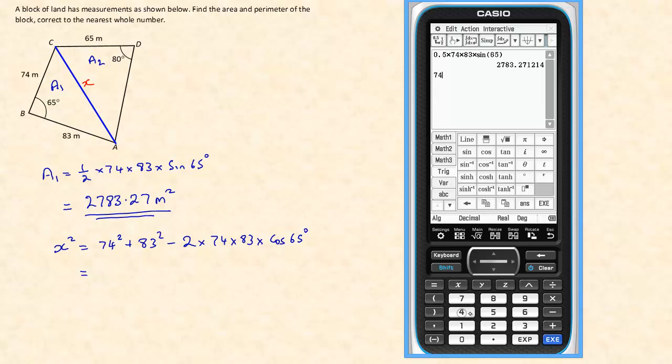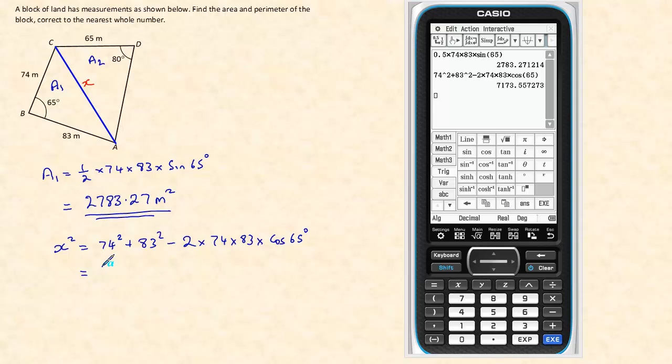So again, calculate that. 74 squared add 83 squared, take away 2 times 74 times 83 times the cosine of 65. Let's just make sure we've typed that in correctly. That all looks good. So that gives me 7173.55 and so on.